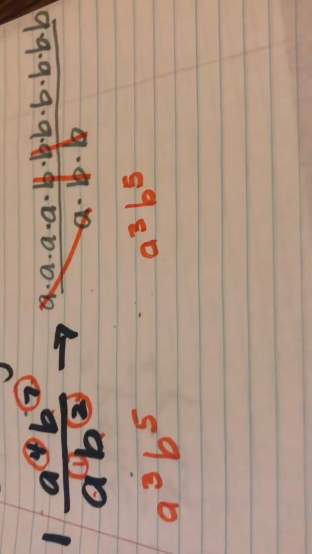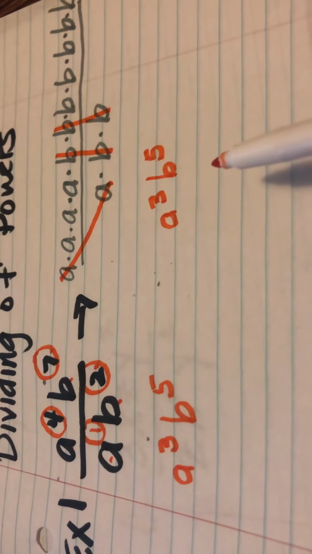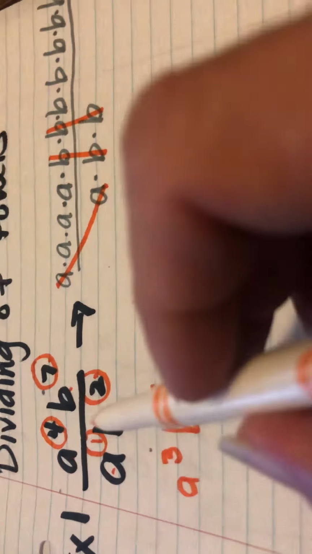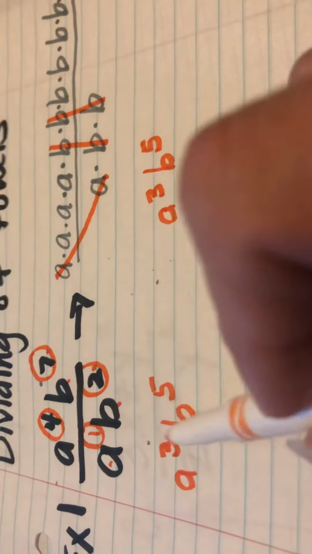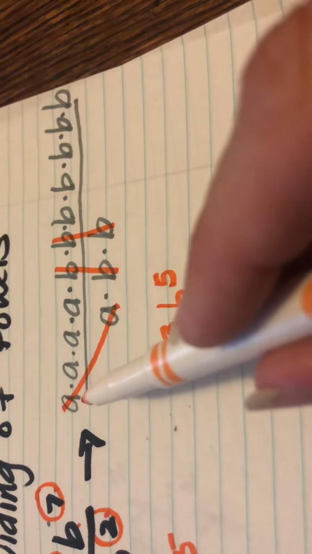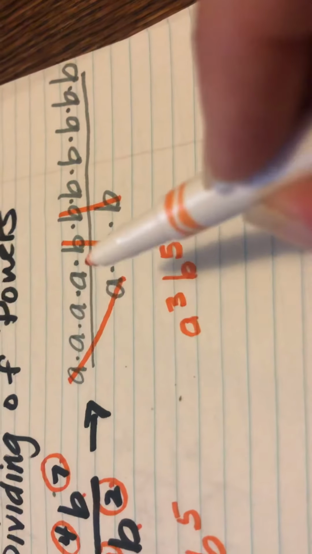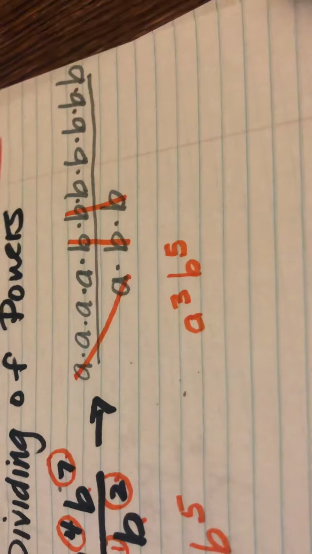And as you can see, as I pull out here, I get the same thing. So this is how 4 minus 1 is 3, 7 minus 2 is 5, and this is the why. These a's canceled out, these b's canceled out, leaving me with 3 a's and 5 b's.